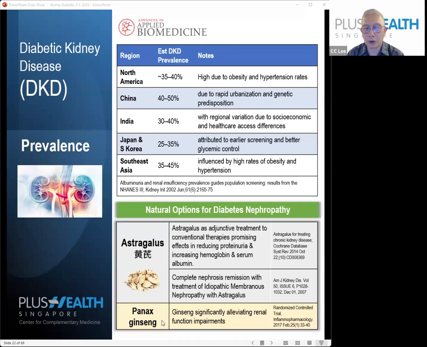And pendant ginseng, which is the ginseng that we know, right? Among the two, both are clinically proven in use in the TCM context itself. So therefore, you can have astragalus or pendant ginseng as a tea to drink for people who are suffering from diabetic kidney disease itself.